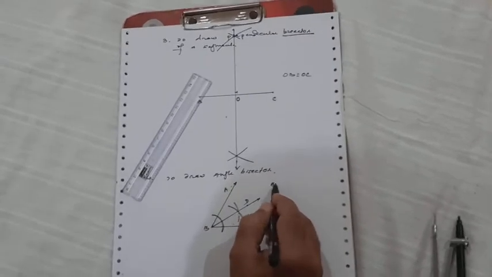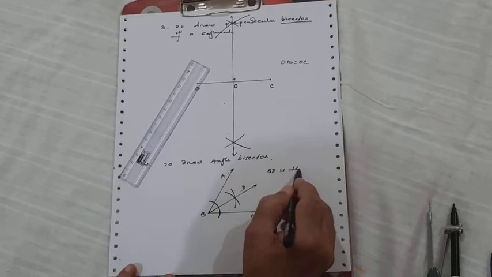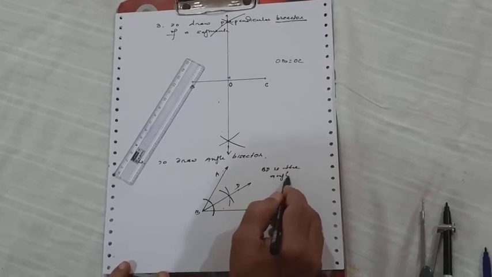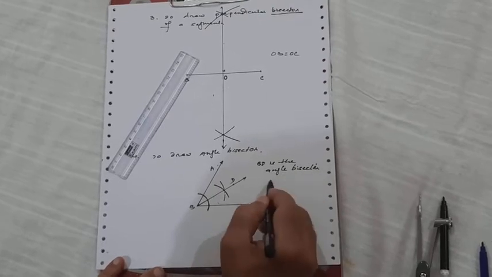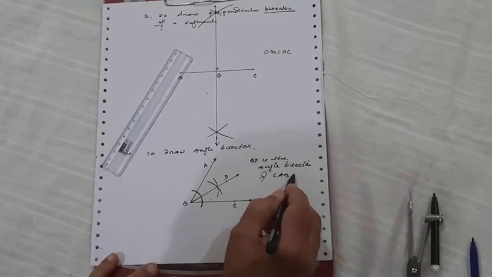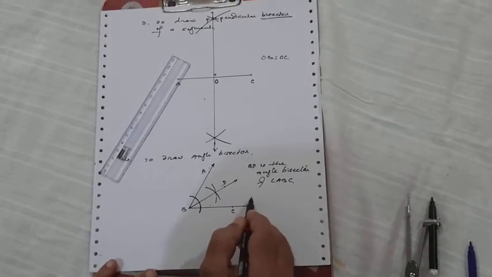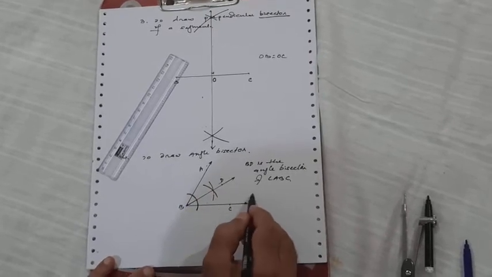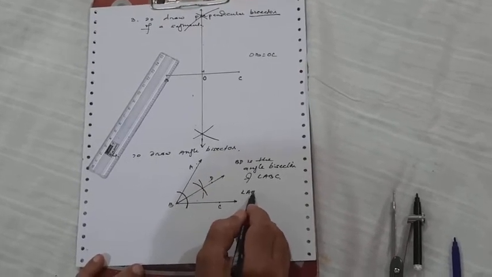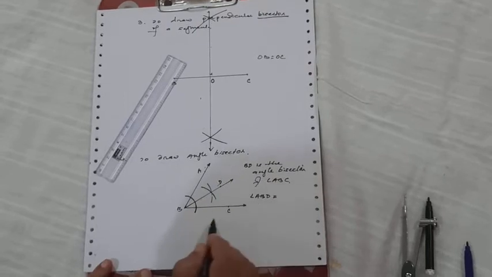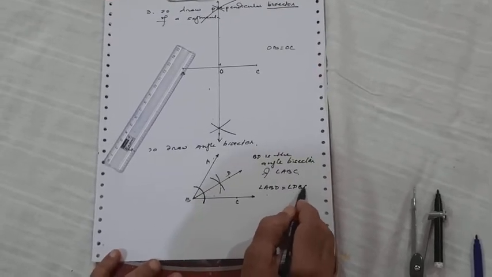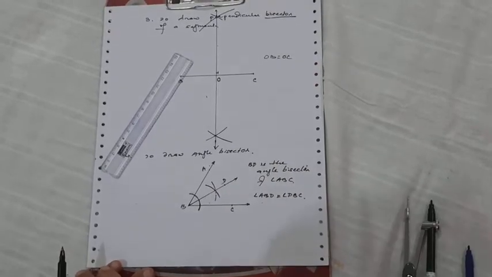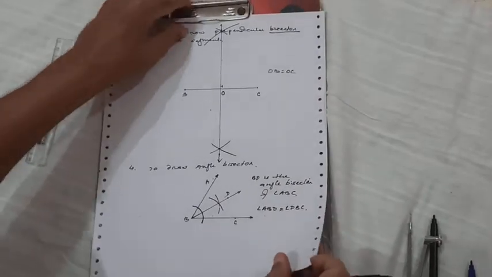So, BD is the angle bisector of angle ABC. You will see that angle ABD, that is the first part, is equal to angle DBC. I hope that you must have understood. Let us continue.